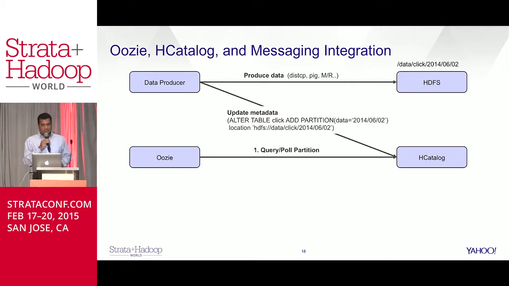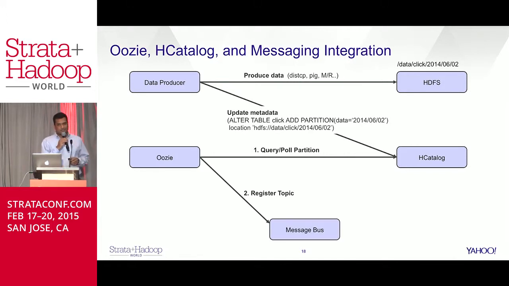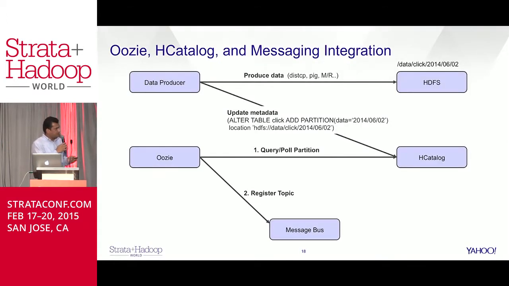Then Oozie will directly poll HCatalog for partition availability when a workflow kicks off. And if it doesn't find that partition, it registers a topic in the message broker, saying, I'm interested in listening for events related to this table. As the partition becomes available, you push a notification to the message bus saying, hey, data is available. Whoever's interested in consuming it, it's ready now.